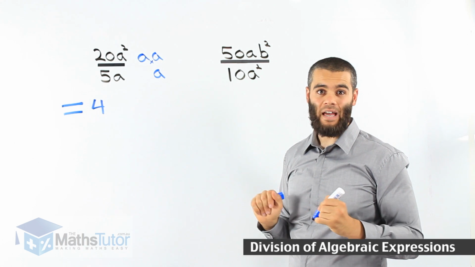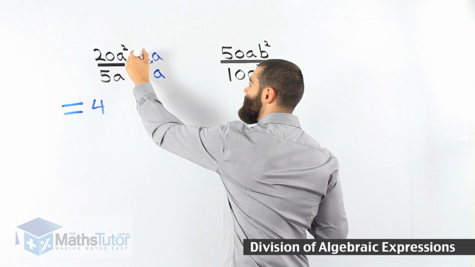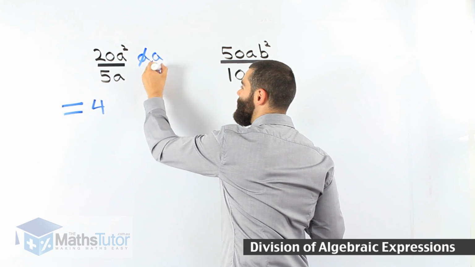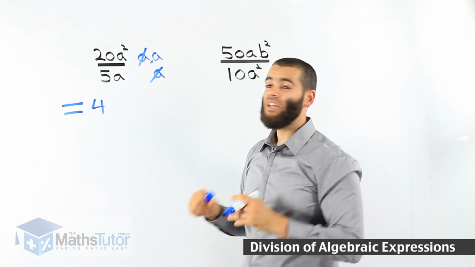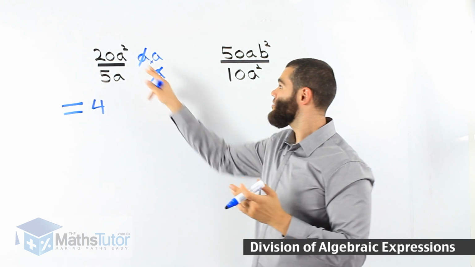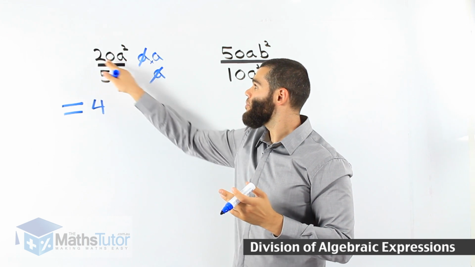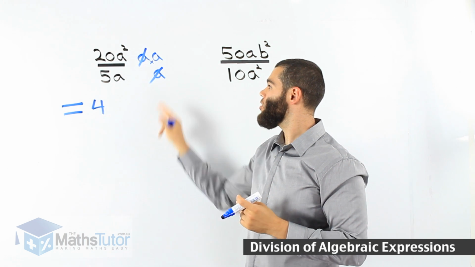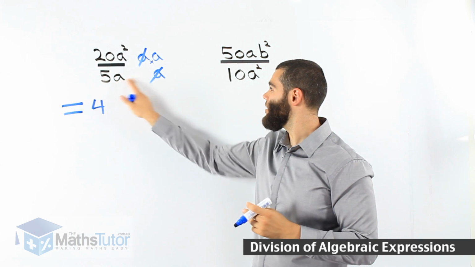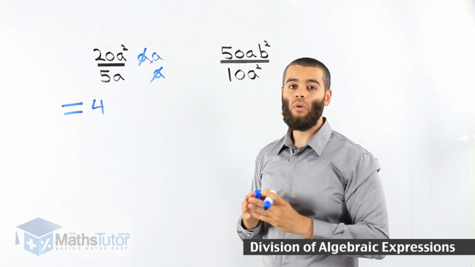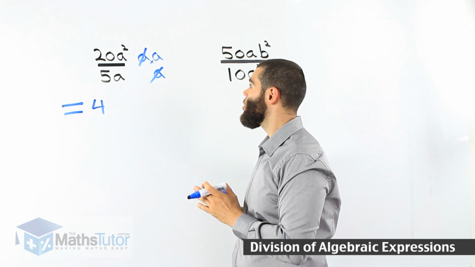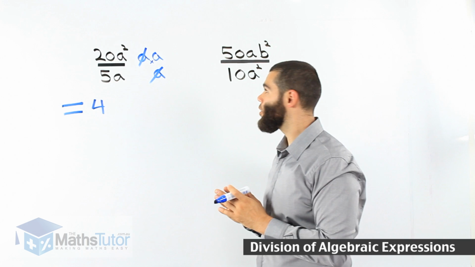So how do we cancel out? One a from the top will cancel with one a from the bottom. Very important. A squared is a times a. So on the top, a times a. On the bottom is a. There it is. One from the top will cancel with one from the bottom, to make sure we are simplifying correctly.